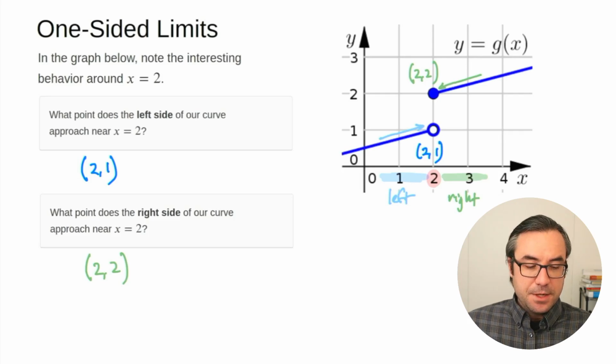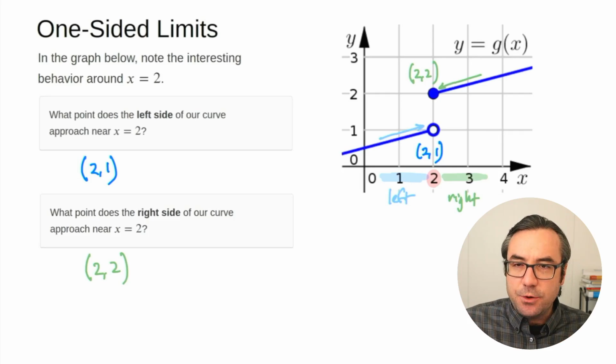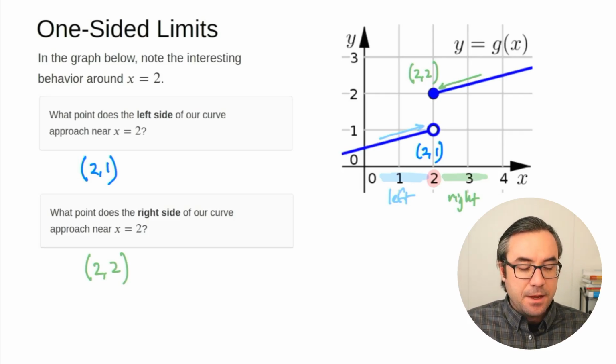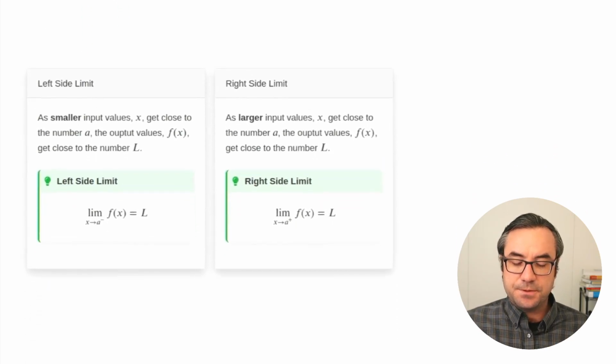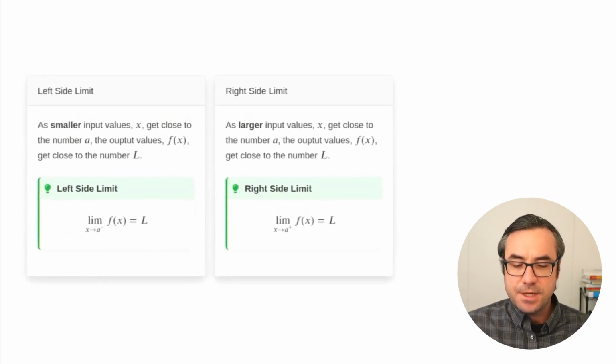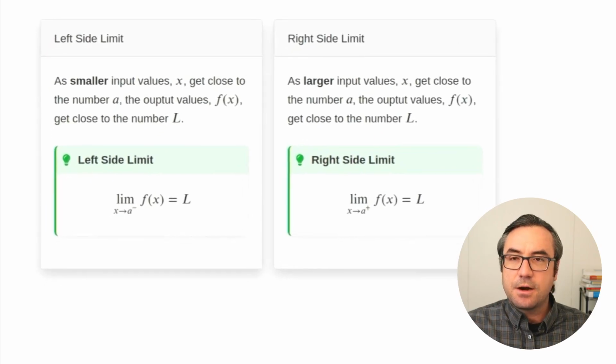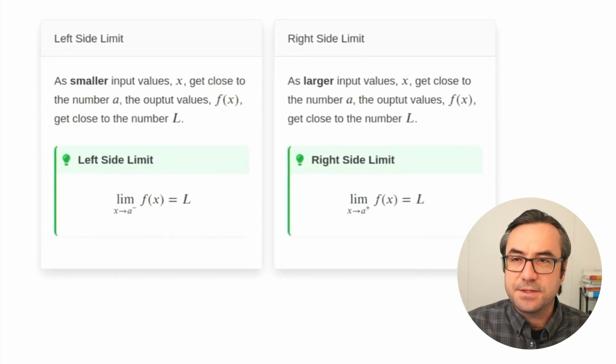All right. So what's the mathematical language that we're going to use to discuss this idea of moving a little bit to the left and looking at what happens as you get closer and closer to a value? What about if you go to the right and get closer and closer? Well, the language and the notation that we're going to use is these are our one-sided limits.